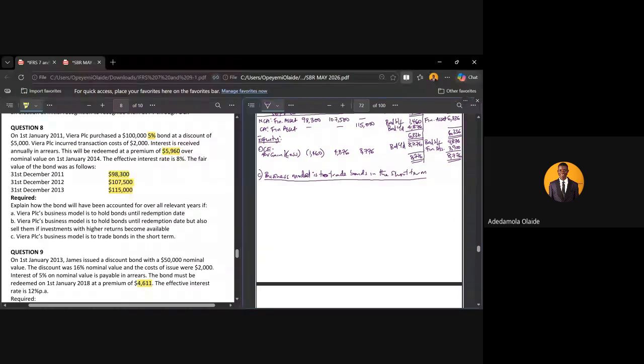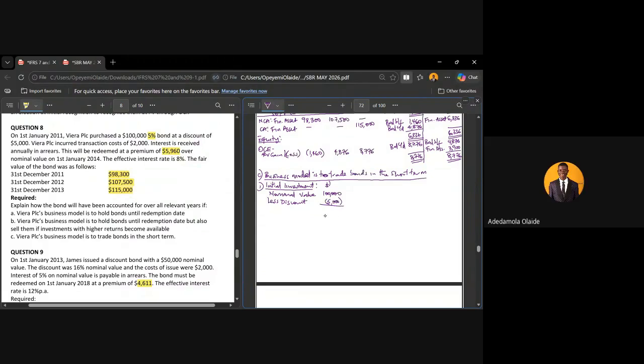So in that case, our initial investment will be different from the ones we've done before. Our initial investment would be the nominal value, which is 100,000, minus discount, the less discount of how much? 5,000.